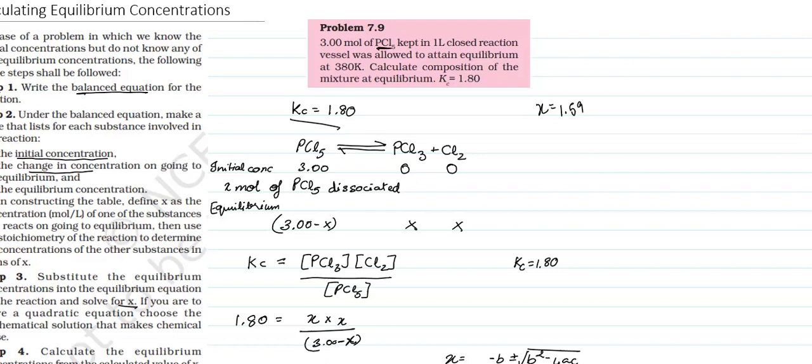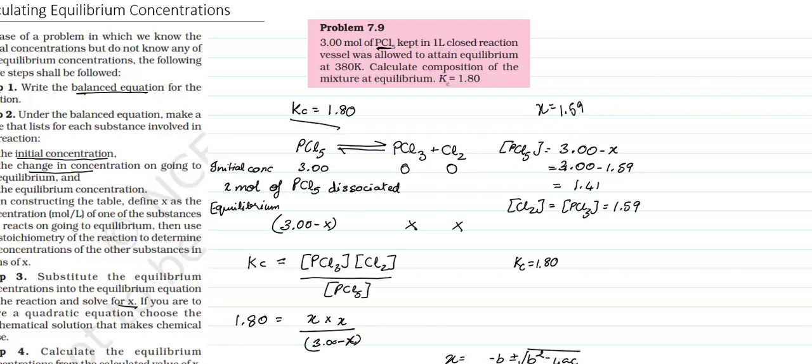So from the beginning, concentration of PCl5 equals 3.00 minus x, which is 3.00 minus 1.59. So that is equal to 1.41. Concentration of Cl2 equals concentration of PCl3, which is equal to the value of x, which is 1.59.